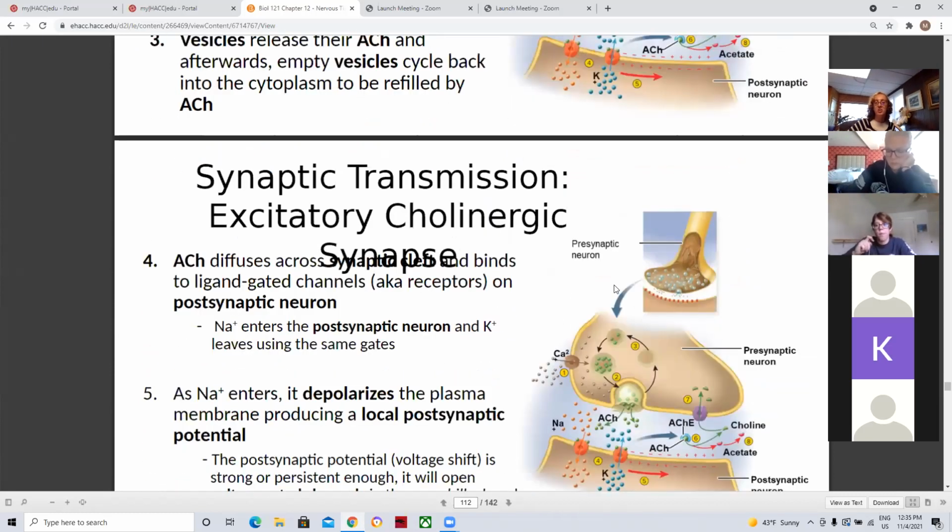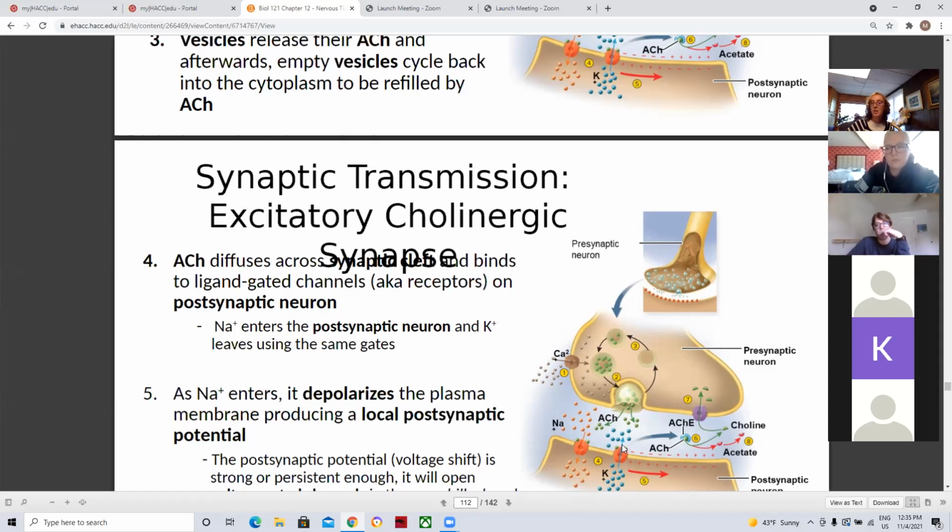Once the neurotransmitter is in the synaptic cleft, it's going to diffuse across the synaptic cleft and bind to ligand-gated channels on the postsynaptic neuron. These are ligand-gated channels that are going to be opened in response to neurotransmitter binding to them. So in this case, the neurotransmitter is a ligand that's going to open the ligand-gated channels.